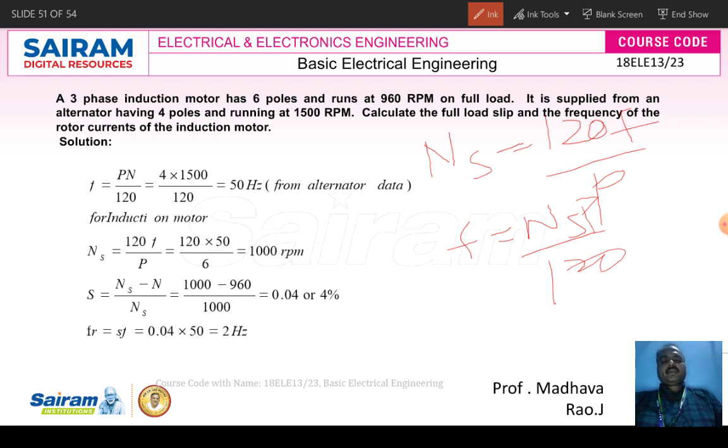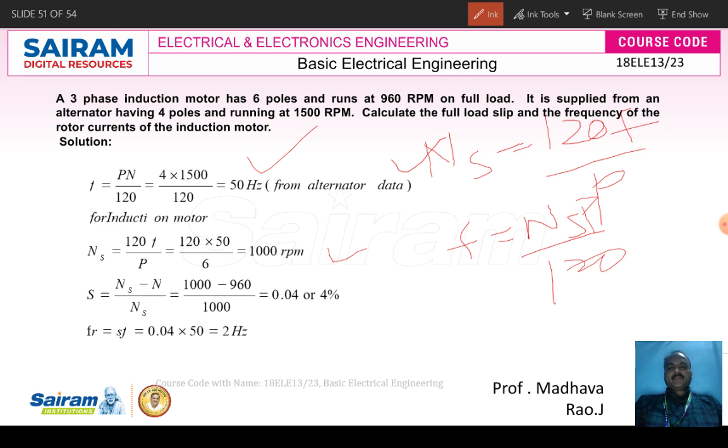Using this formula, the frequency we get is 50 Hz. Coming to the synchronous speed of the motor, 120 F by P, the frequency is 50 and the number of poles in the induction motor is 6, so we get 1000 rpm.